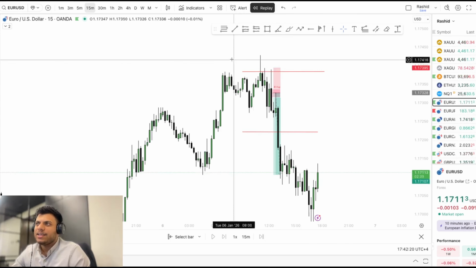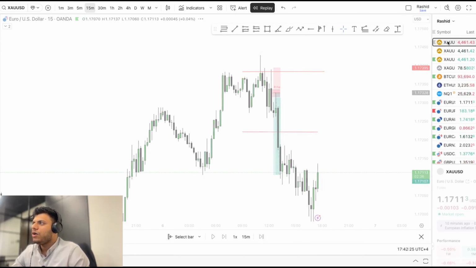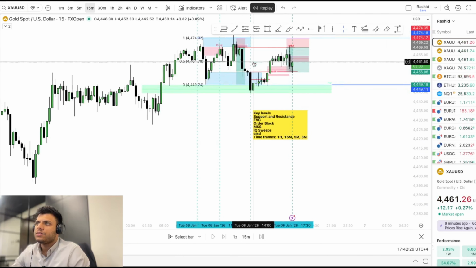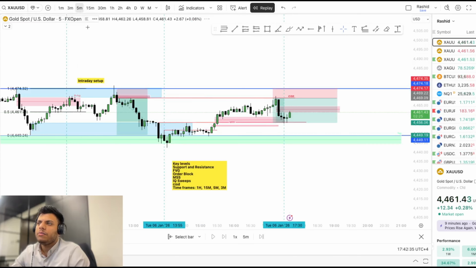Exactly that is what you need to focus on. In gold, it is closed in 15 minutes also, wick closed below. In 5 minutes, it's wick closed and closed below. That is the important point.